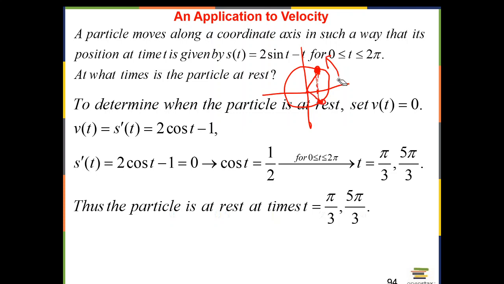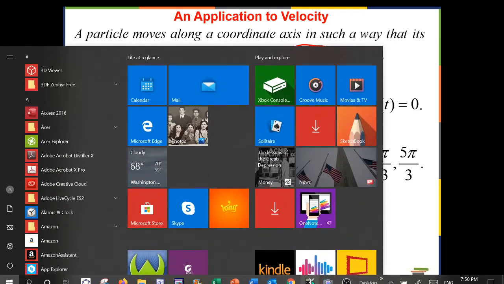So one time around is either this angle from here to here, or this angle. And if you know cosine of what angle is 1/2, if you don't remember, of course, we can use a calculator.